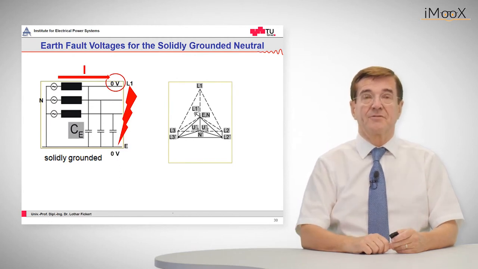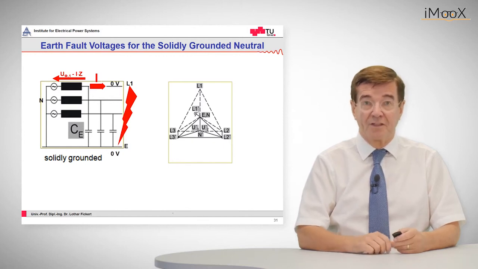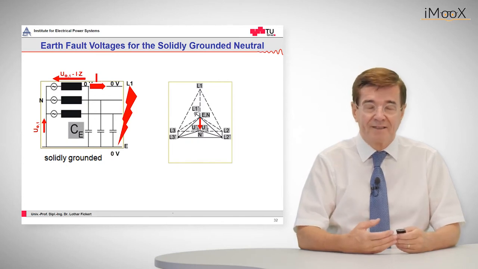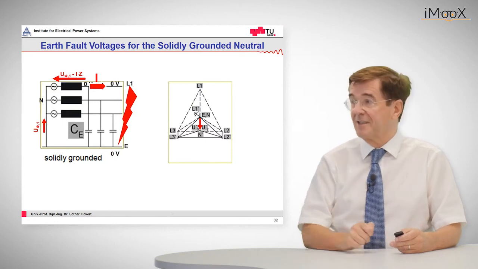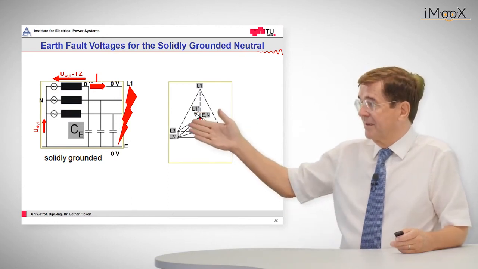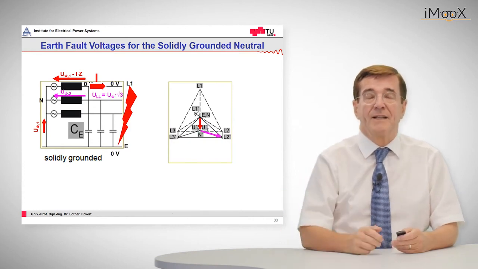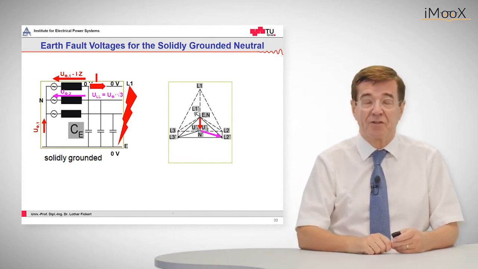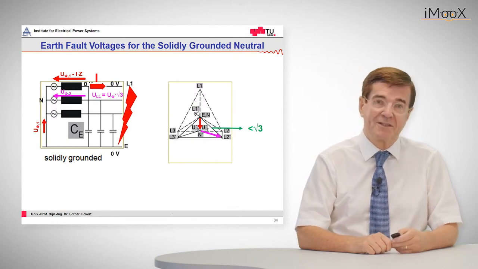This short circuit current reduces considerably the voltage at the transformer low voltage neutral side, and in contrast, again the neutral of the transformer is raised, but only to smaller values, as we can see in the vector diagram. On this raised voltage of the neutral, again we add the phase to neutral voltage of the healthy phase, and we arrive at the phase to ground voltage, which is far below this factor of √3 which we have seen before.